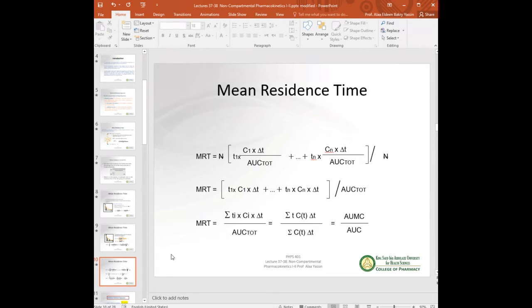So the mean residence time can be an easier, more precise average time that is not like the half-life, which talks about 50% of the amount eliminated after this time.